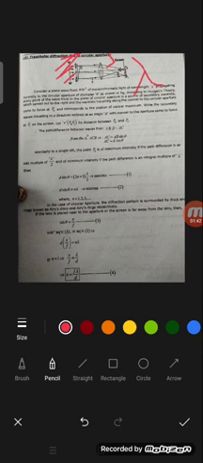the waves which are normal to the circular aperture will come to focus at the point P naught.